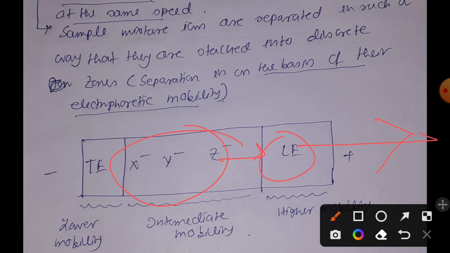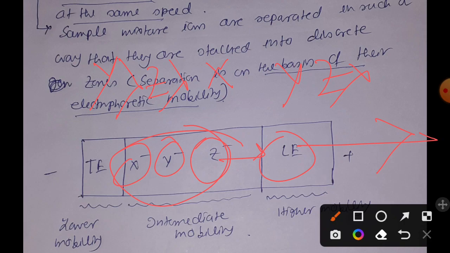That means X, Y and Z here are all moving at the same speed. If we consider that Y has the highest electrophoretic mobility, then Z, and then X, after some time we will end up with Y just following the LE, then Z following Y, and then X.